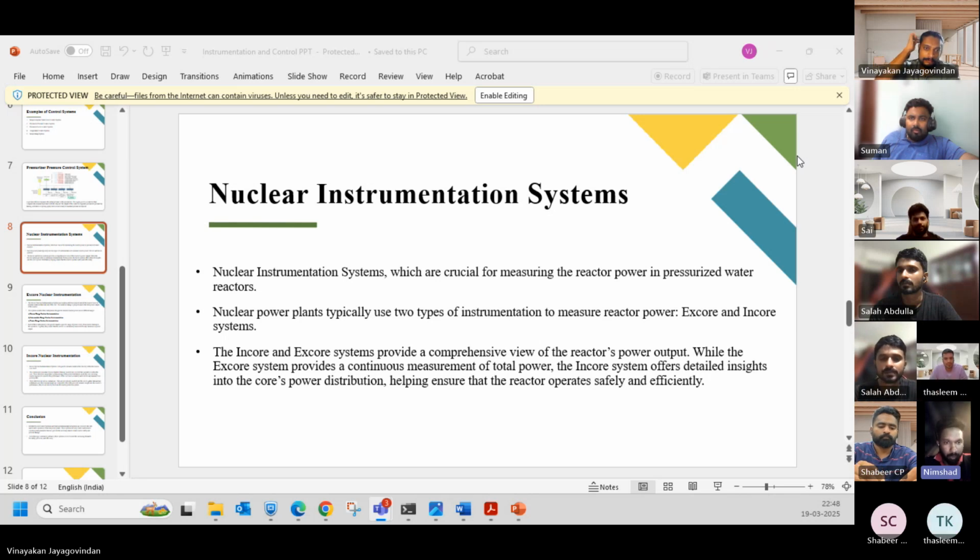As our colleagues explained about the ex-core systems, these two systems provide a comprehensive view of the reactor power output. While the ex-core system provides a continuous measurement of total power, the in-core system offers detailed insight into the core power distribution, how the power is distributed inside the core, helping ensure that the reactor operates safely and efficiently.